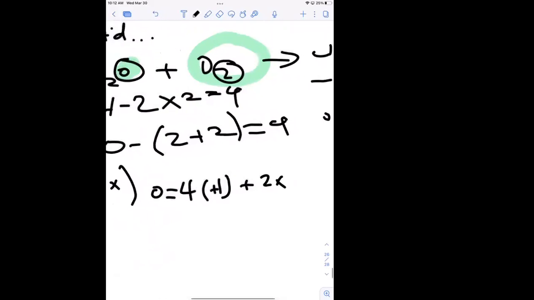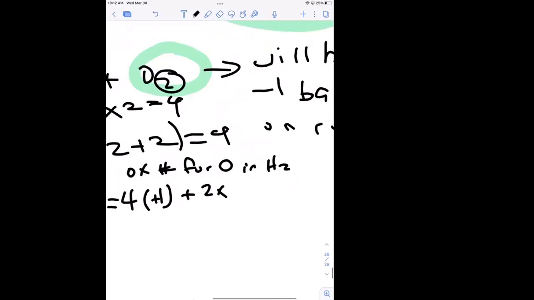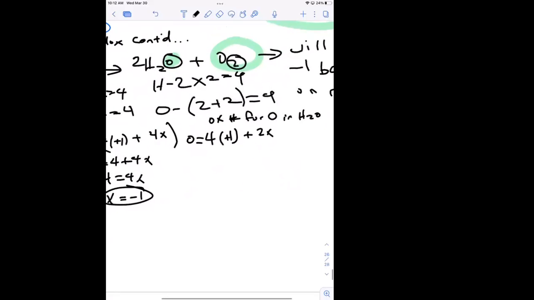So this is the oxidation number for oxygen in water. So that's going to be 0 equals 4 plus 2x. And then that's going to be -4 equals 2x. So x is going to be what in this case? -2. Y'all following? Anybody not see that?